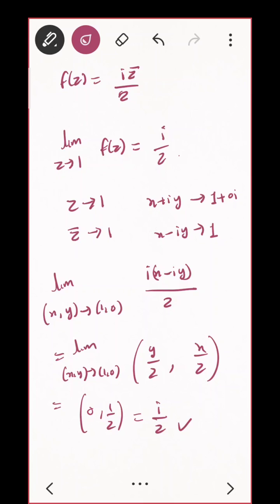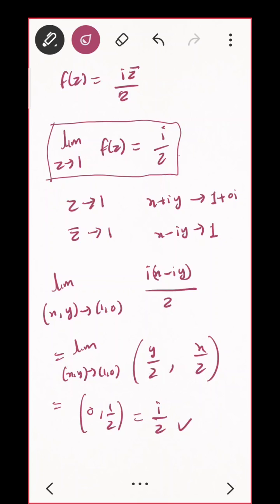Okay, now my question is, can you prove this by using the epsilon delta definition quickly? Can you do that? Okay, how will you start? Same thing.